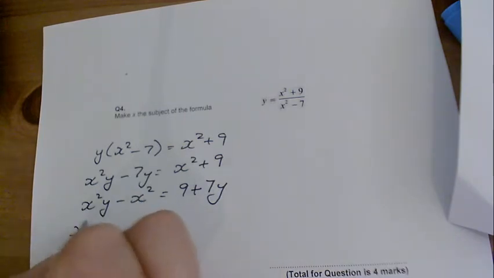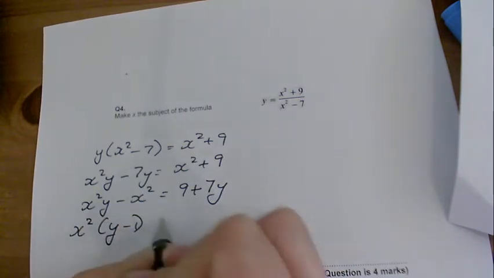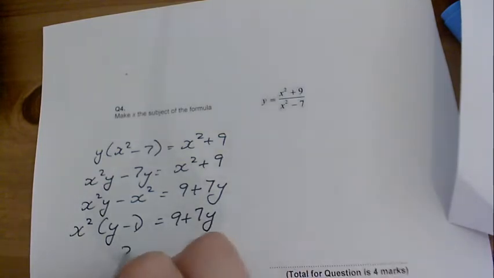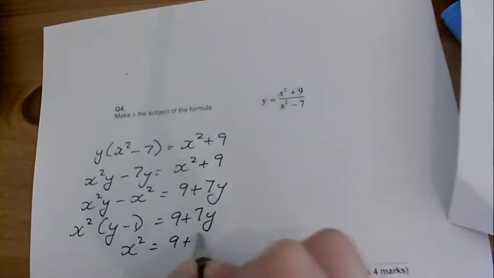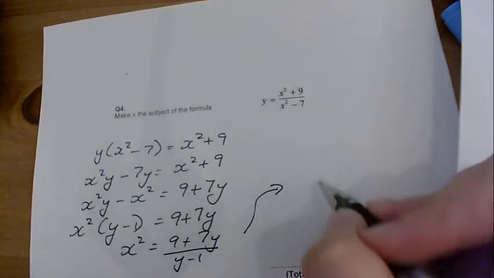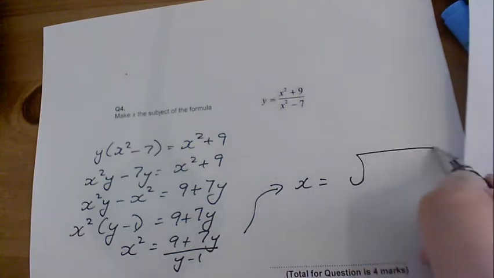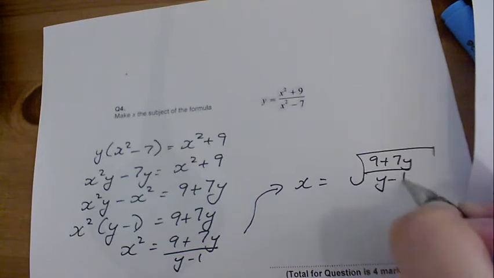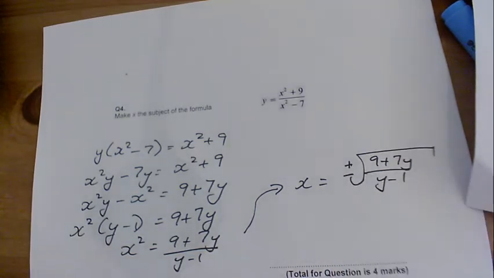Factorize by taking out x squared. And then dividing. And this one requires an extra step. It's a squared, we don't want a squared. So that means x is the square root of 9 plus 7y over y minus 1. And there's got to be a plus or a minus.